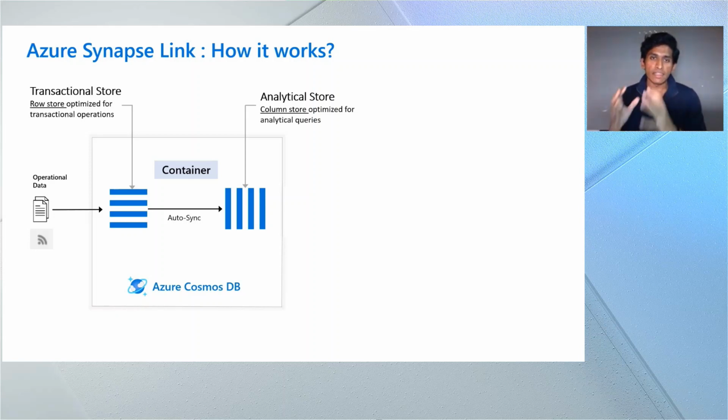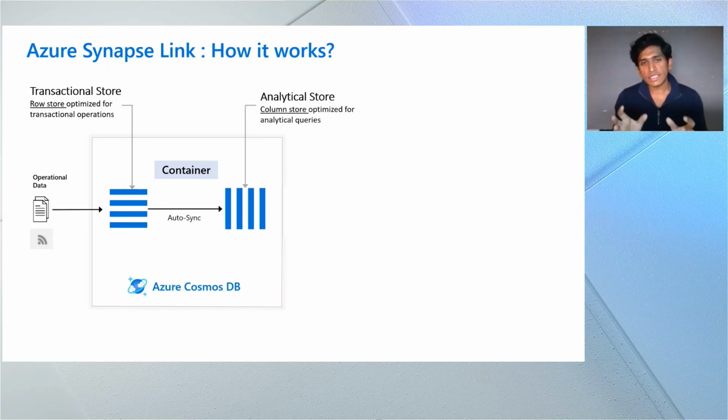Now, this analytical store is a fully isolated column store, which is optimized for analytical queries over large volumes of operational data. And so any new inserts, updates, deletes coming to your operational data in Cosmos DB is automatically synchronized from the transactional store into the analytical store in near real time, within minutes.